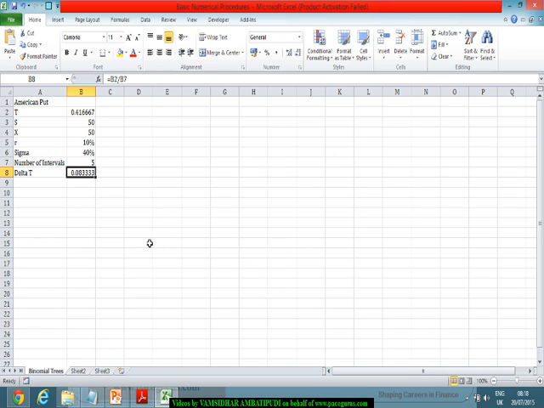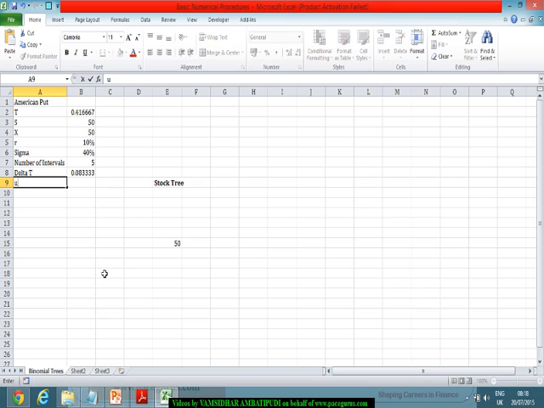So we'll first create the stock price tree, the stock tree for the American put. Let me start here. Initially I'll take the stock price. Then I require a few things.